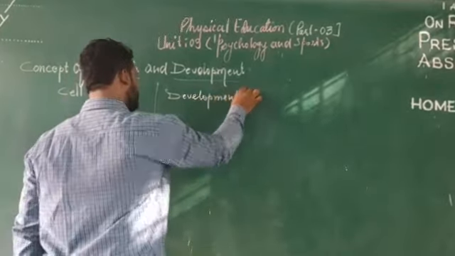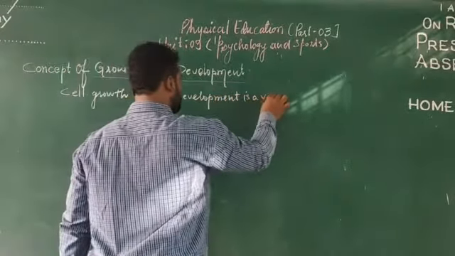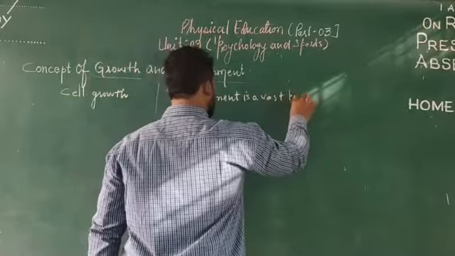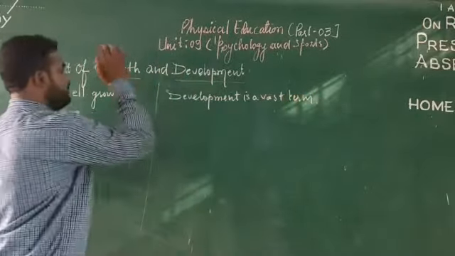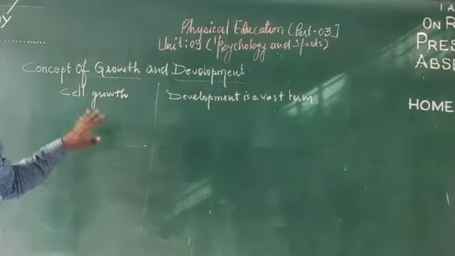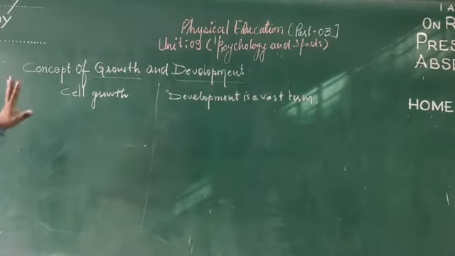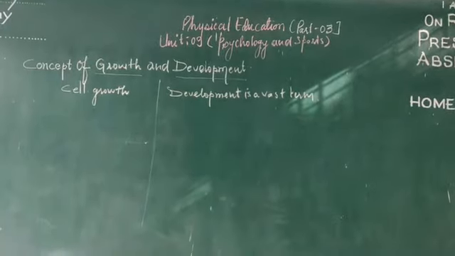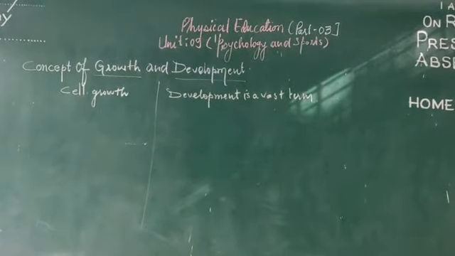Development is a vast term. Growth comes under development, right? So when I am talking about growth, growth is the cellular term. It means the cellular growth in the body of an organism. And development is the vast term. Growth is a different thing, development is a different thing.